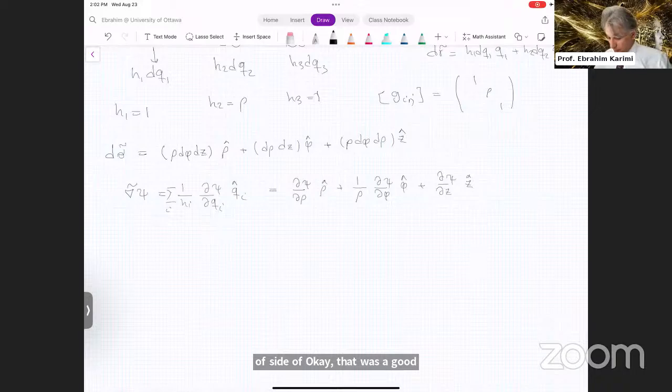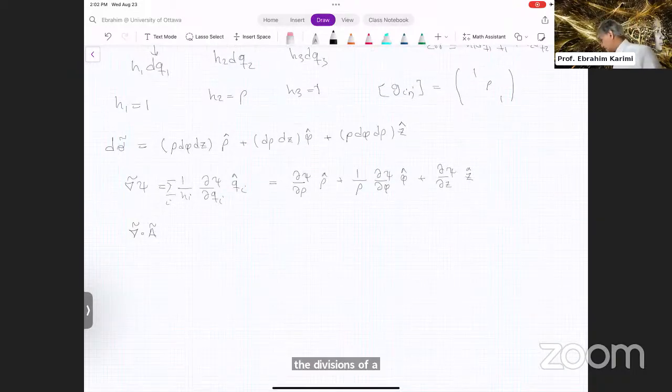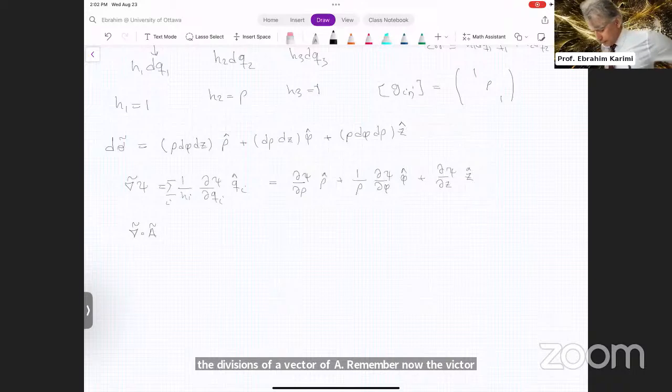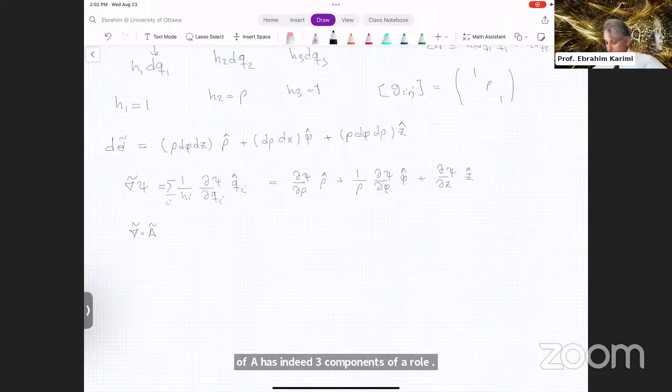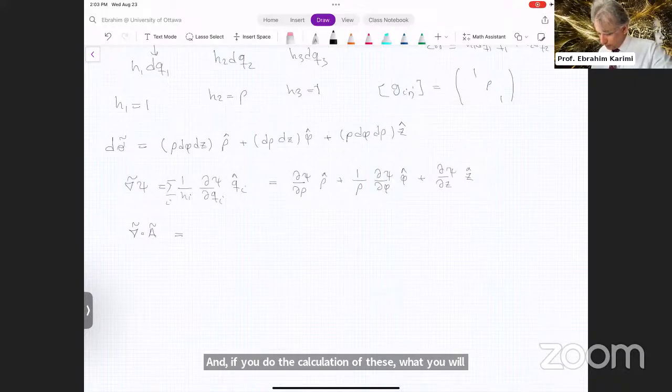Then we can also calculate the divergence of a vector A. Remember, the vector A has three components: A rho, A phi, and A z. If you do the calculation, you will get 1 divided by h1 h2 h3, which is 1 divided by rho.